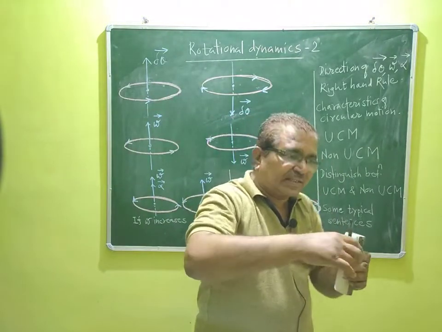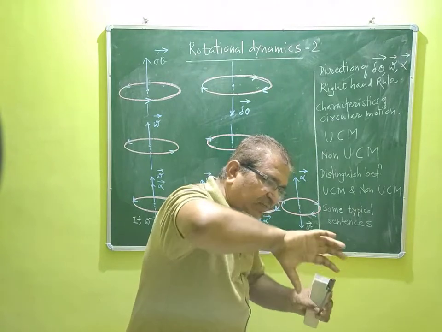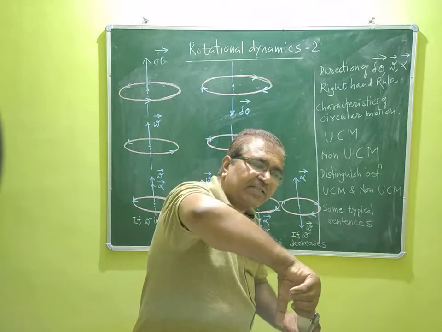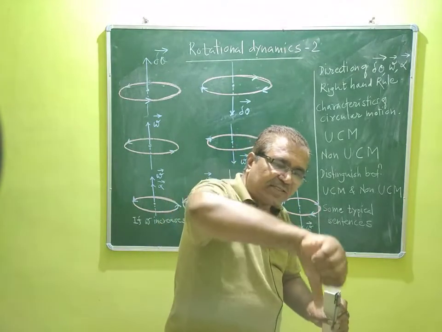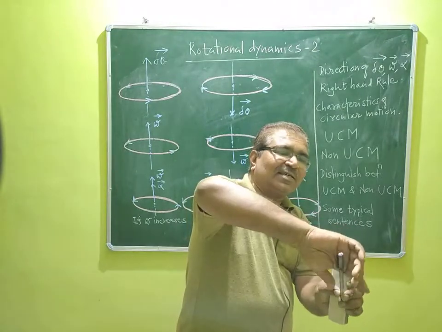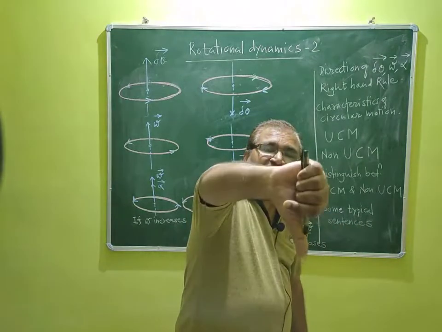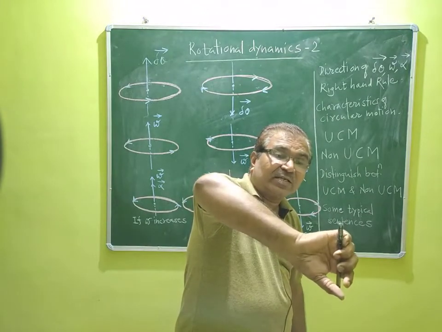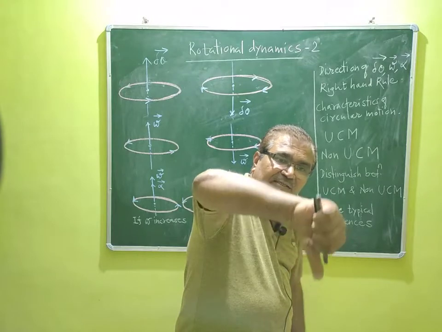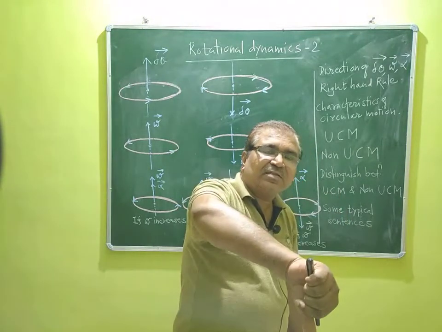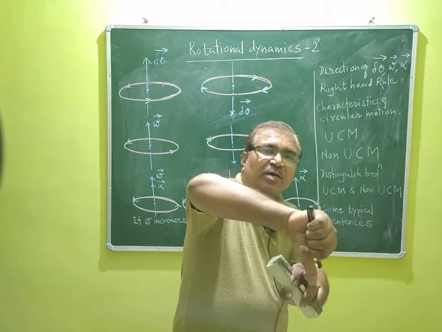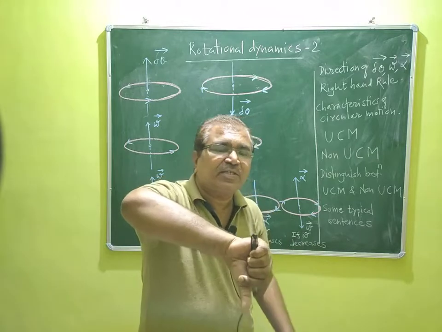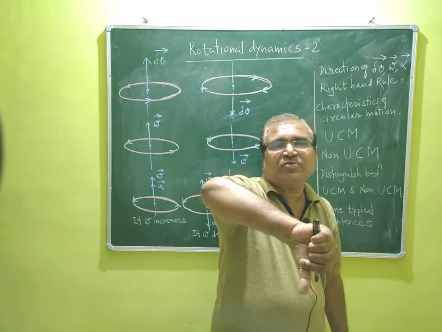If the circular motion is clockwise, that means like this, denoted by the curled fingers, then the thumb goes in a downward direction. See here guys, like this. Sorry, the direction is clockwise. At that time the thumb is in the downward direction. This thumb denotes the direction of angular displacement and these curled fingers denote the direction of circular motion.